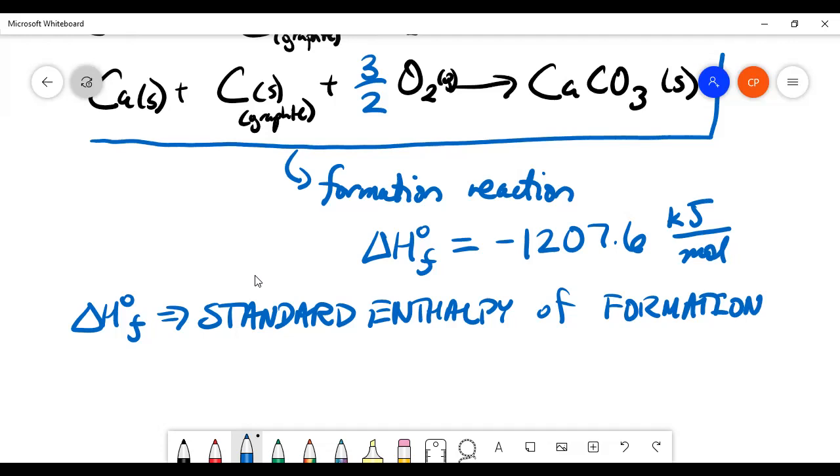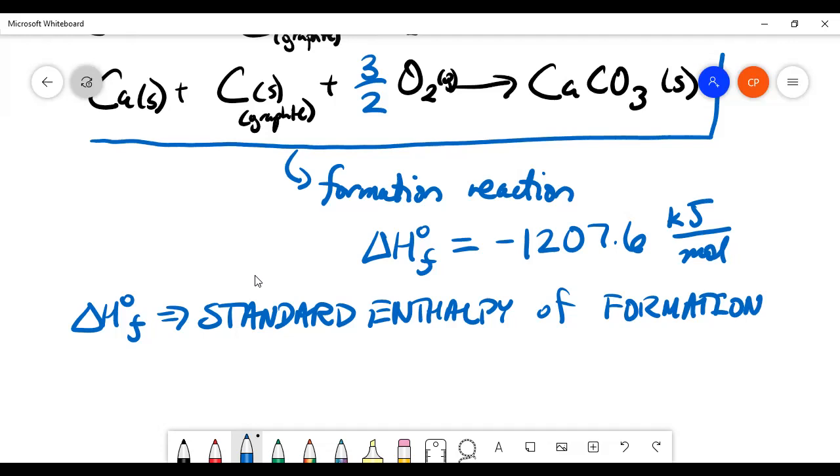If we could react pure calcium, 1 mole of that, with pure carbon, 1 mole of that, with 1.5 moles of pure oxygen, the formation of calcium carbonate would release 1,207.6 kilojoules of energy for every mole of calcium carbonate we made.